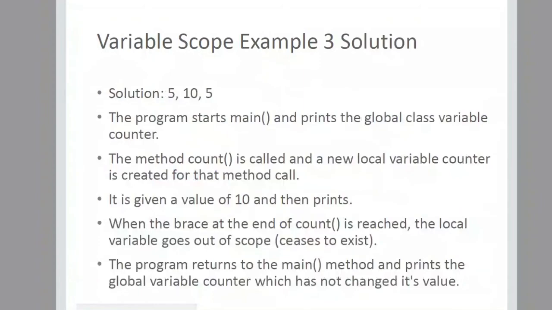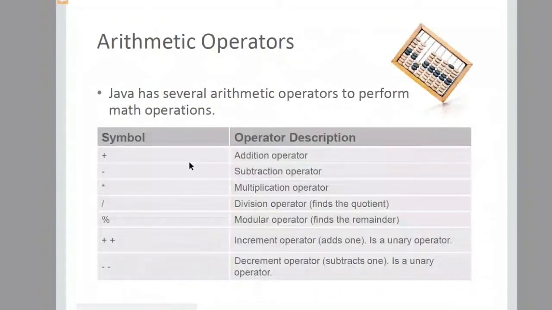So next is your operators. You already know what the operators are: addition, subtraction, multiplication, division, modulo, increment, decrement. All these operations you can do. Clear? So I will give you a question. The first assignment everyone should do: write a program, take two numbers and perform all these operations.